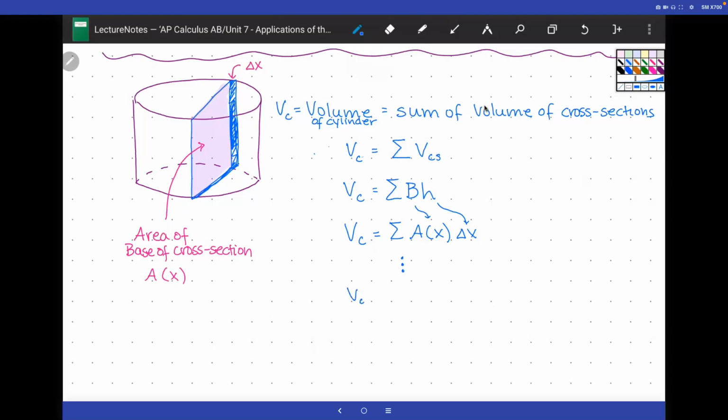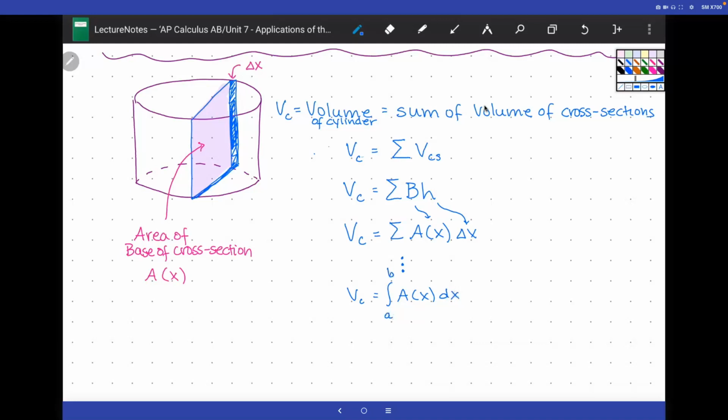And so we can turn this, there's steps in between, which like I said, I won't bother getting us into, but it's a Riemann sum. We can eventually turn this into an integral of A of X, and then our delta X is what becomes the dx. And then I'm just going to put limits A to B. I'll show you how to find the limits. And there it is.